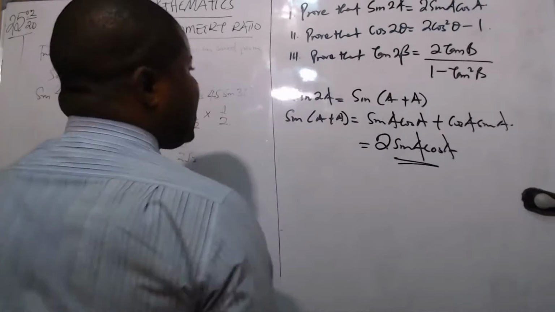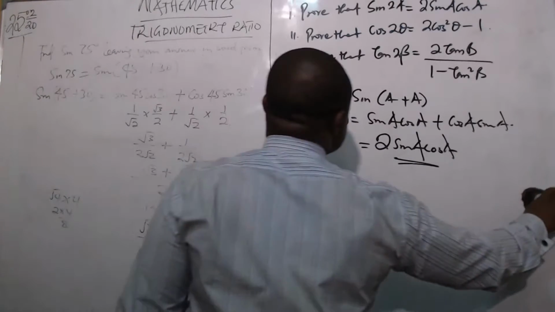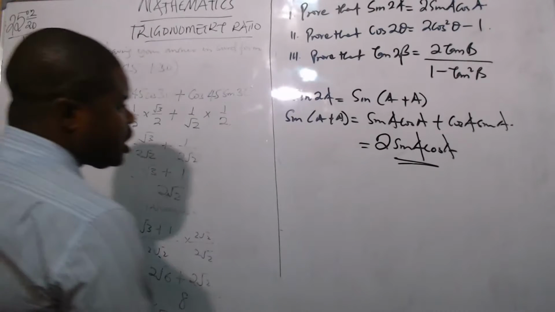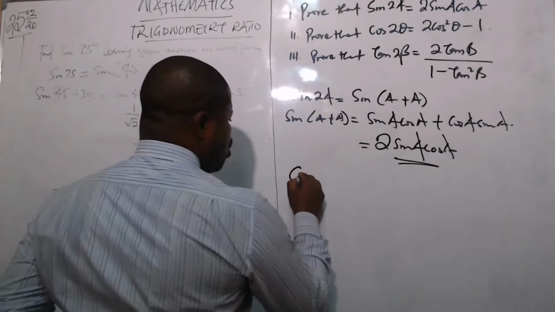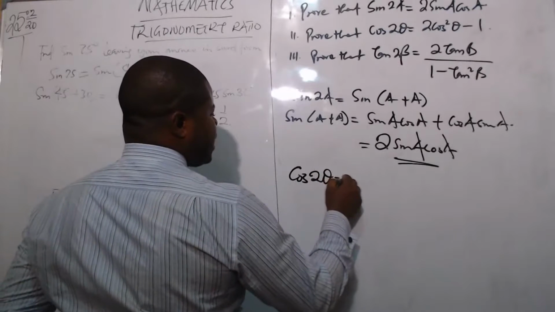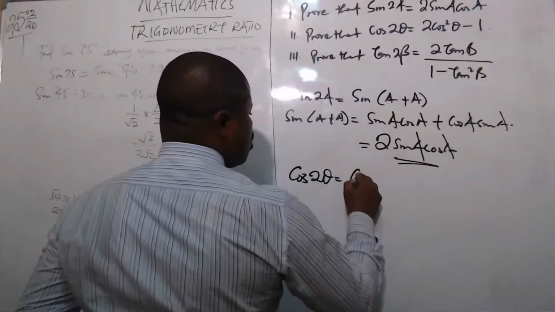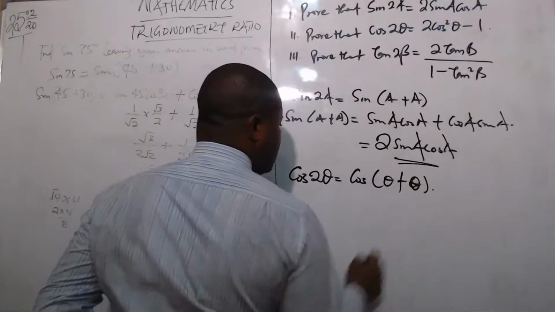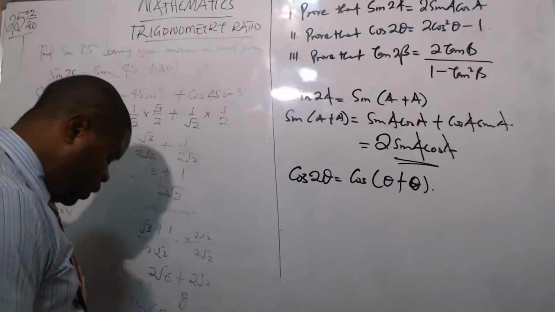That is for the first one. Now, the second one is a bit lengthy. Now look at this. We're going to have cos 2 theta, which is cos of theta plus theta.